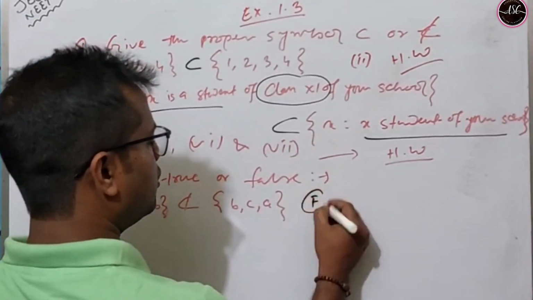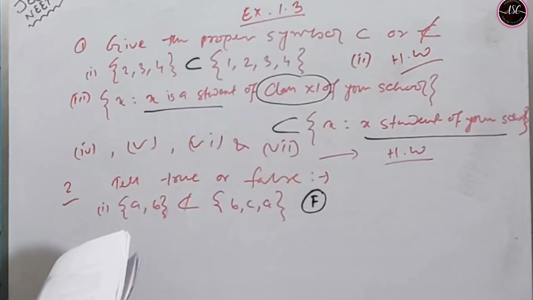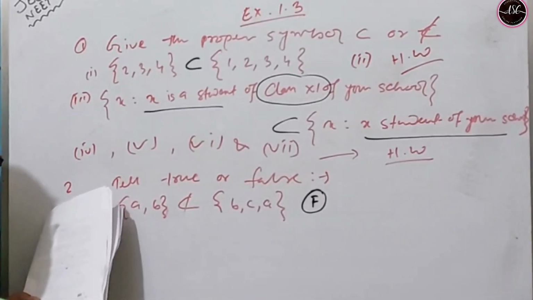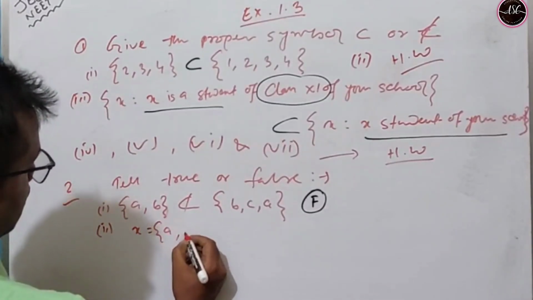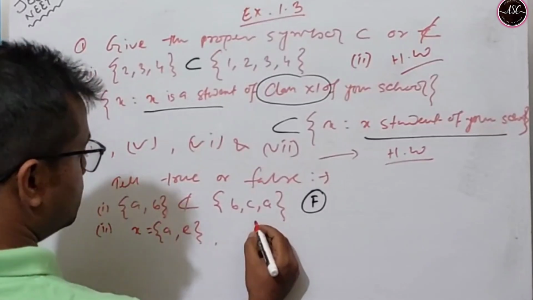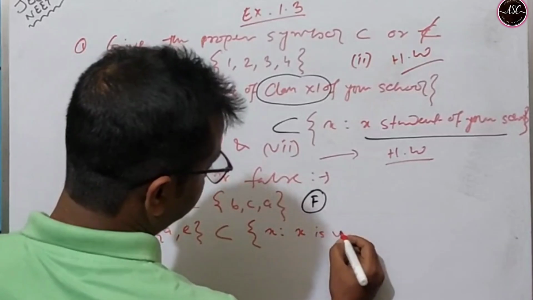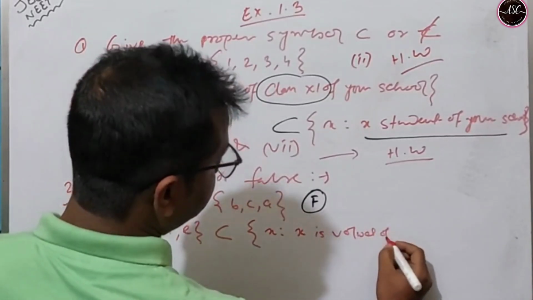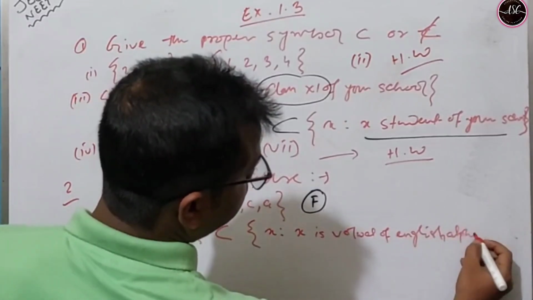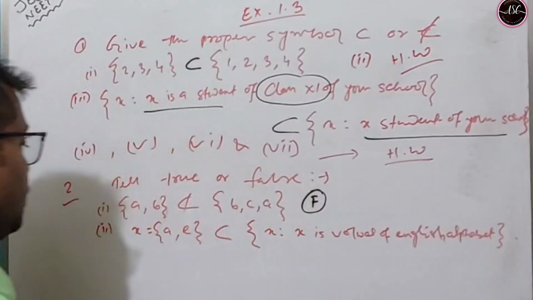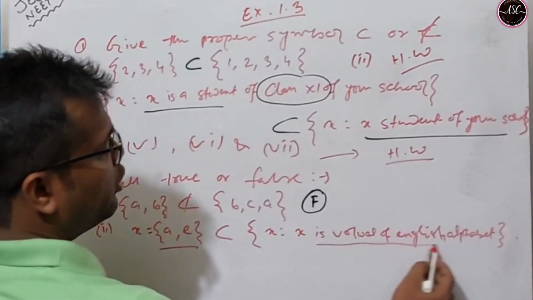Second: X is equal to {a, e}, a subset of the set of vowels of the English alphabet.